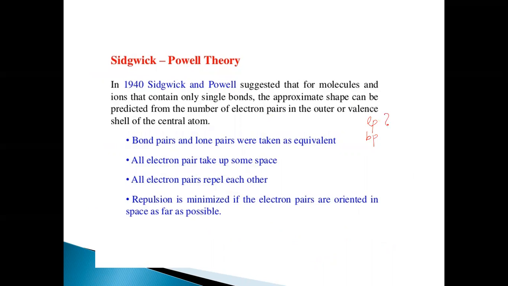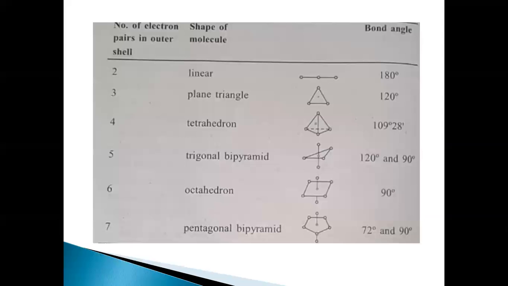They repel each other, so the repulsions can be minimized if they are arranged farther apart from each other. According to the number of electron pairs in the valence shell, he arrived at the shape of the molecule.